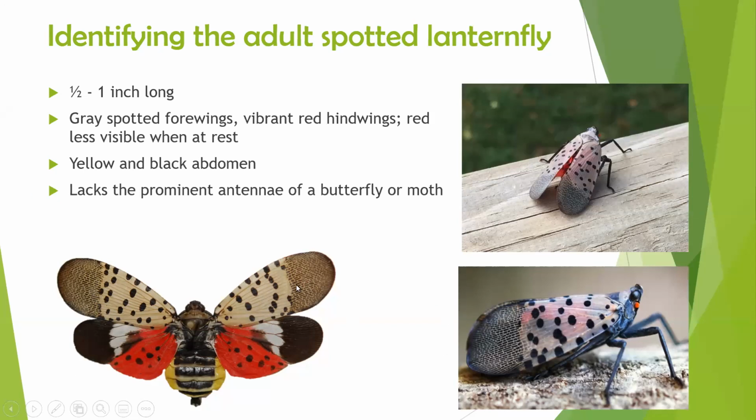Sometimes when people see this picture, they think that lanternflies are some kind of butterfly, but you'll notice that they lack the really prominent antennae that you would see on a butterfly or a moth. They have a yellow and black abdomen. The yellow can expand and become really pronounced on the females, especially as they become gravid or full of eggs, close to when they're going to mate at the end of the season.